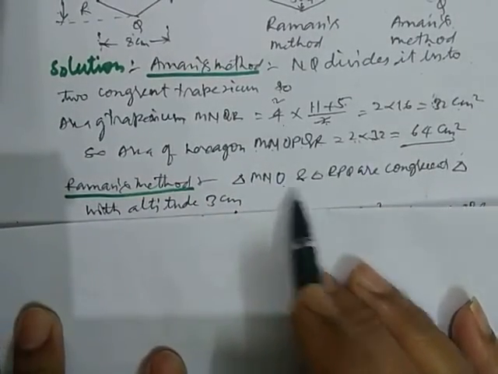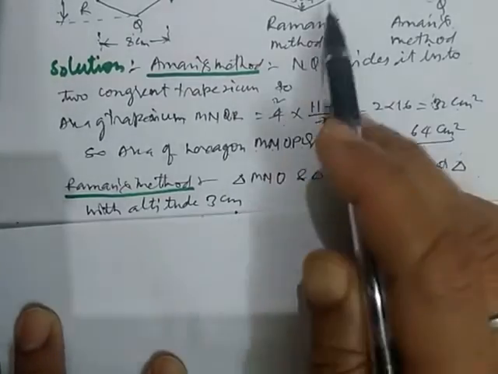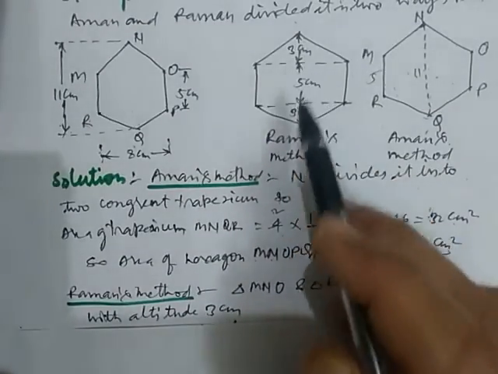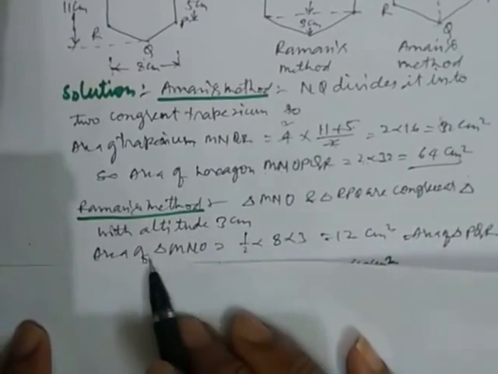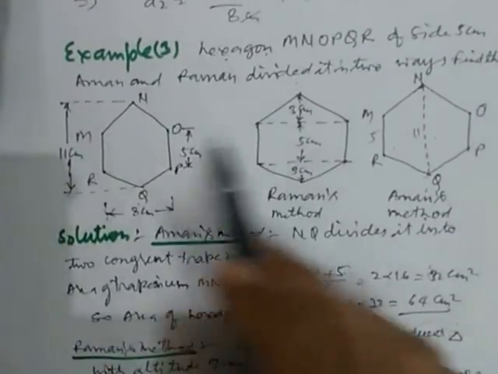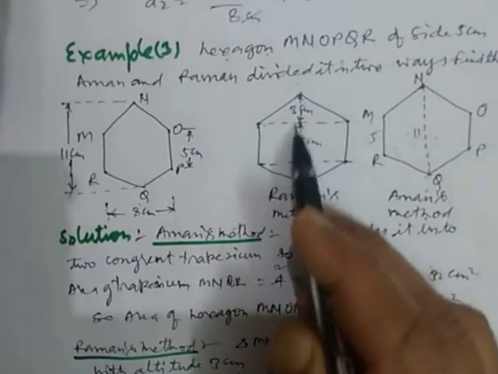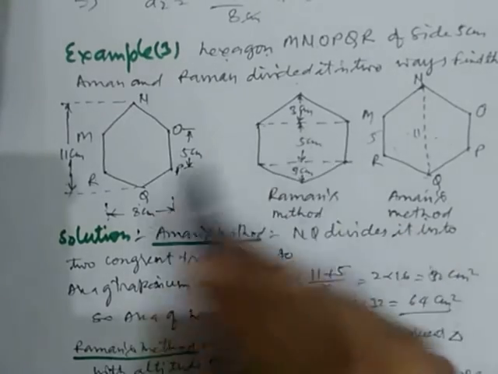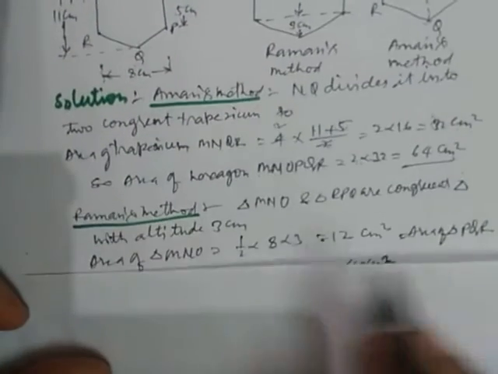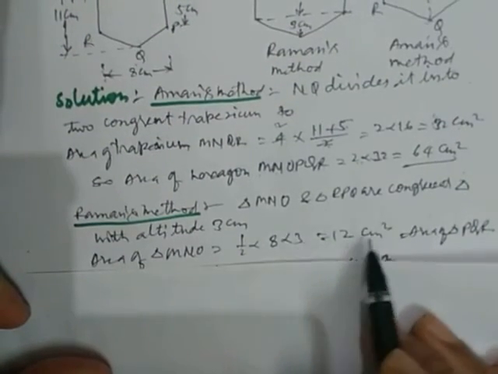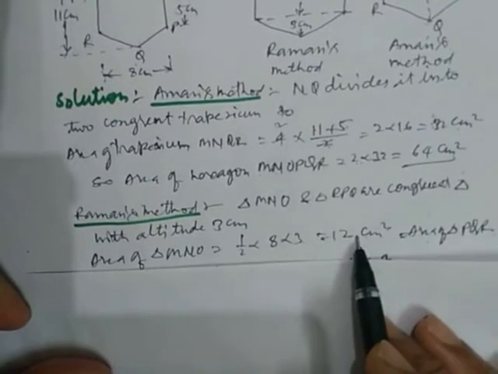Triangle MNO and triangle RPQ are congruent triangles. This and this are the congruent triangles, with altitude 3 centimeter. So area of this MNO: 3 centimeter is the height and 8 centimeter is the width. So half into 8 into 3, that is 12 centimeter square, is the area of MNO, and area of PQR is also equal.